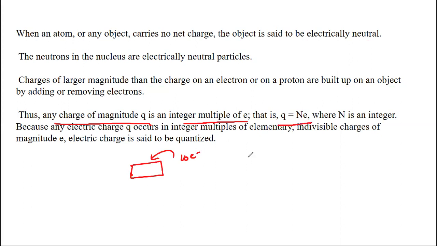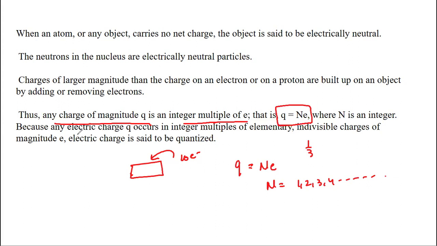By using this simple equation: charge, which is denoted by q, is equal to n times e, where n is an integer, it can take any whole number. It cannot be half, it cannot be 1 over 3. Half an electron doesn't travel, 1 over 3 of an electron doesn't travel. So basically fractions are not allowed.